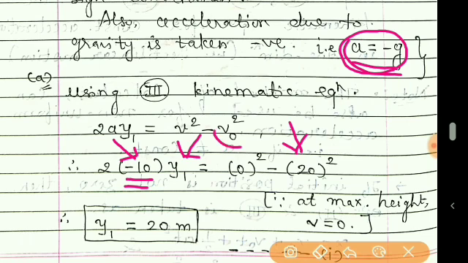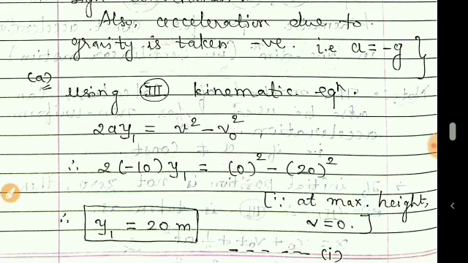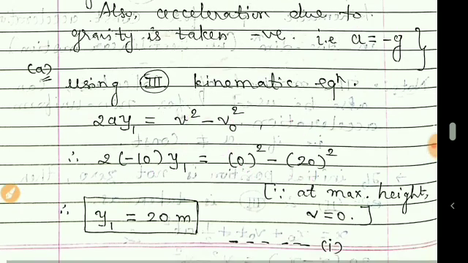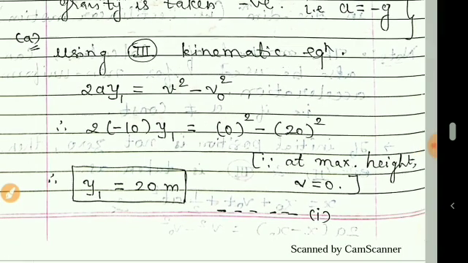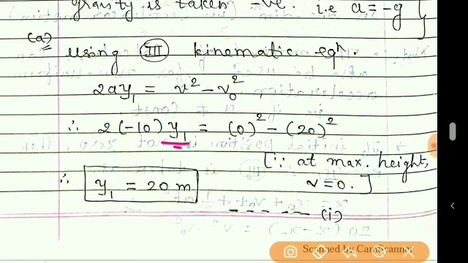So in place of v naught we have written 20, and when the ball will reach the maximum height, its velocity, that is final velocity, will become 0. So final velocity we have taken 0. Now the calculation is quite simple. Just make the subject y and calculate it. We will get y1 is equal to 20 meter.